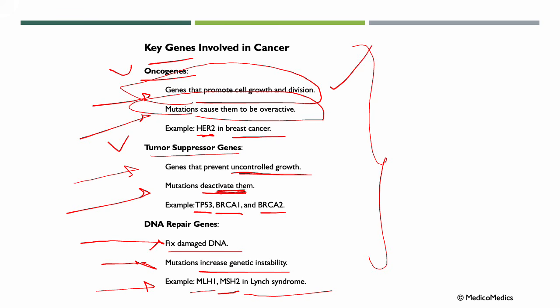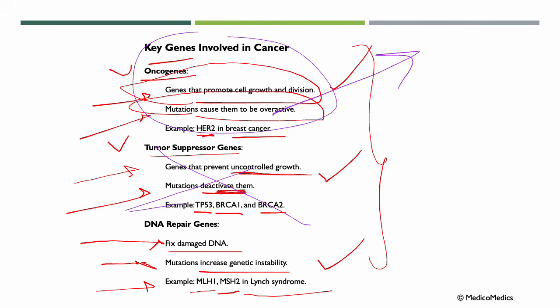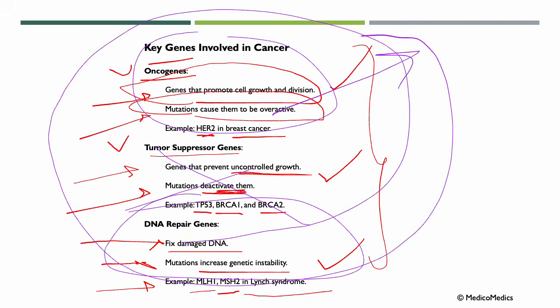You have tumor suppressor genes that act like car brakes, and you have repair tools. So cancer typically happens when these different systems fail. Either one fails and this one becomes overactive, or this one doesn't work and the repair doesn't work, etc. So it's a combination of these key factors.